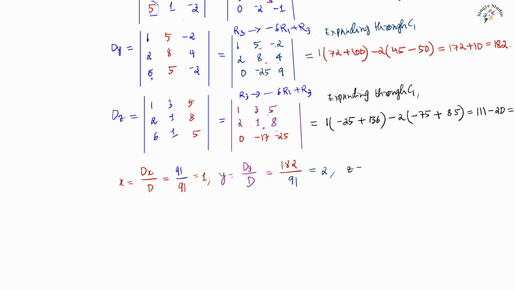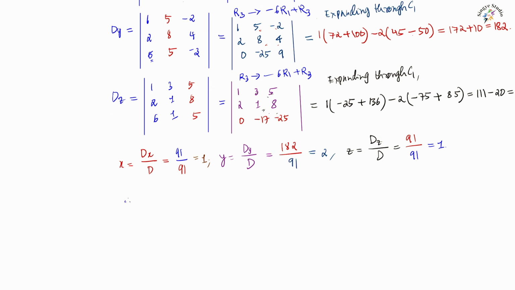And z is dz divided by d, which is 91 upon 91, so it is 1. Therefore our values are x equals z equals 1 and y equals 2.